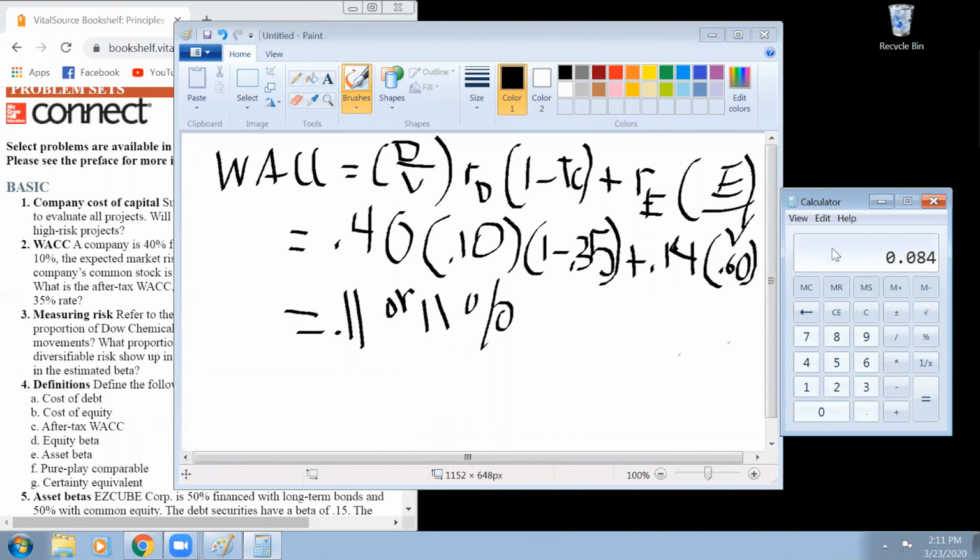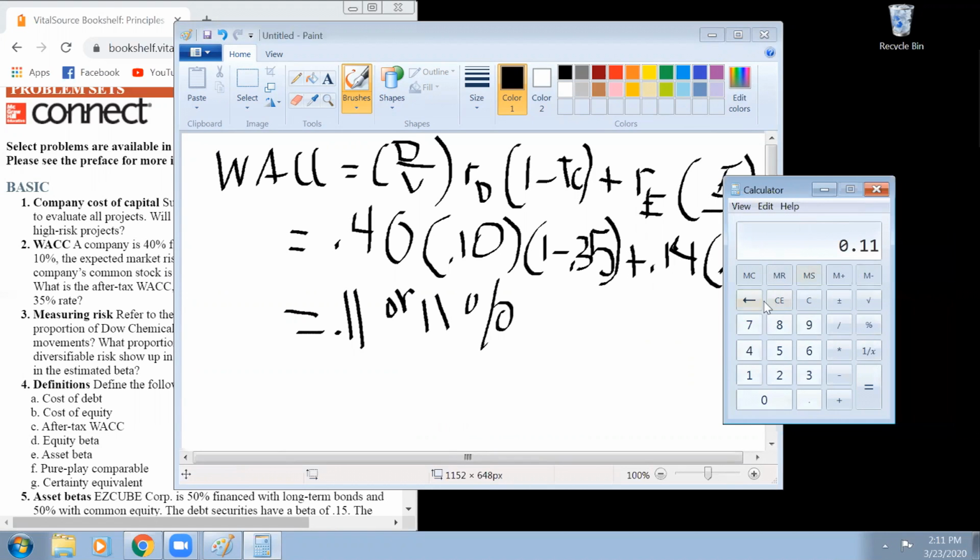And then for the left side, we have 0.40, multiplied by 0.10, the interest rate, multiplied by 65%, and it'll give us 0.026. Add that onto the right side, 0.084, and you get 11% for WACC.